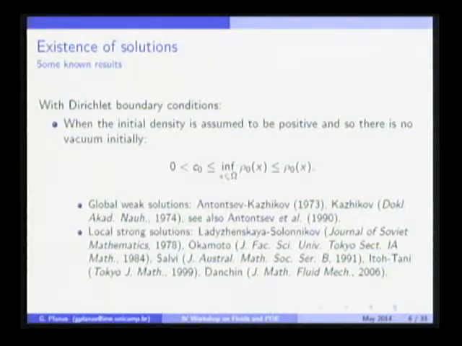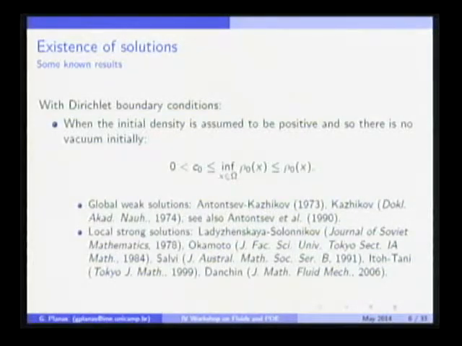Let's talk a little bit about the existence of solutions. There are some existing results. We can divide the existing results with Dirichlet boundary conditions, which are more usual, into two types. One is when the initial density is assumed to be positive, so there is no vacuum initially.